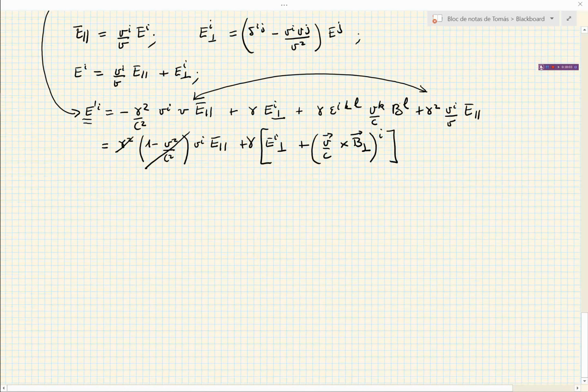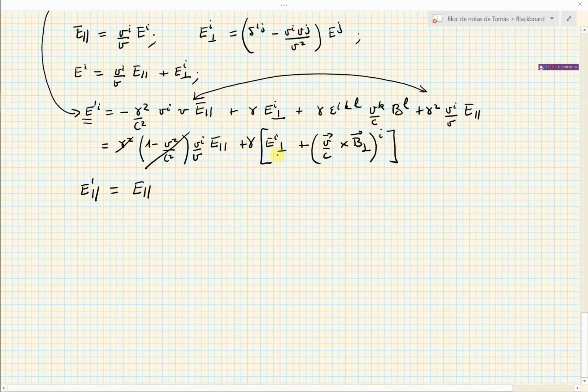And this is almost the result, because now we want to decompose E prime I also into the parts parallel and perpendicular. So I have to multiply by vi. If I multiply this by vi, this term clearly survives. This has the same direction. So in fact I will get, oops, this should be divided by v, I get that E prime parallel is just this term. Why?